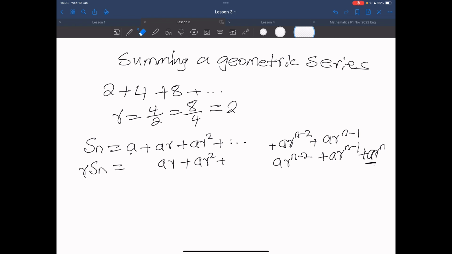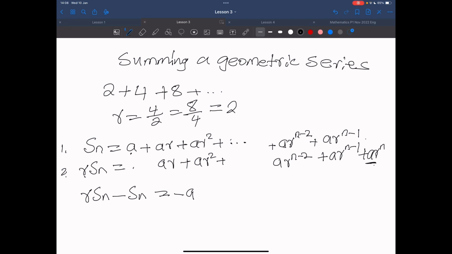Now we can subtract. If this is term number 1 and this is term number 2, we are taking term number 2 and subtracting term number 1. So we will have rSn minus Sn equals, because there is nothing here, 0 minus a is just minus a, and all these other ones will subtract each other up until the last one here.